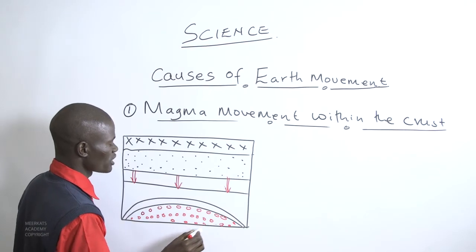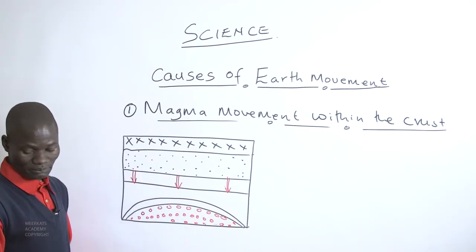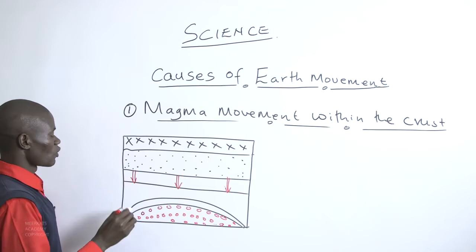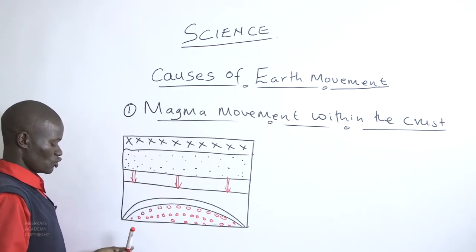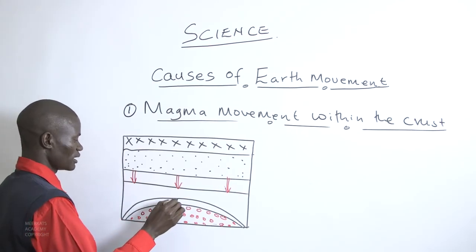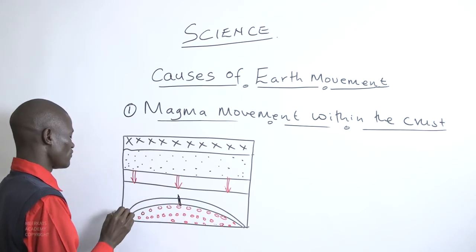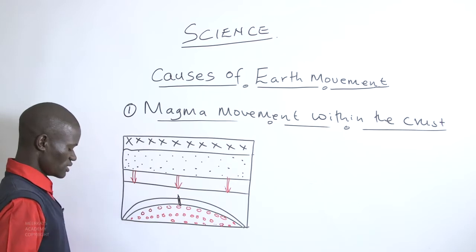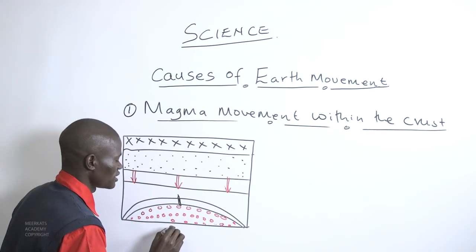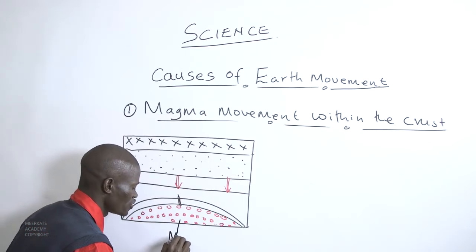What happens during this process? When magma tends to move out of this chamber through some crevices or cracks, as it moves out of this, this is what we call the magma chamber.